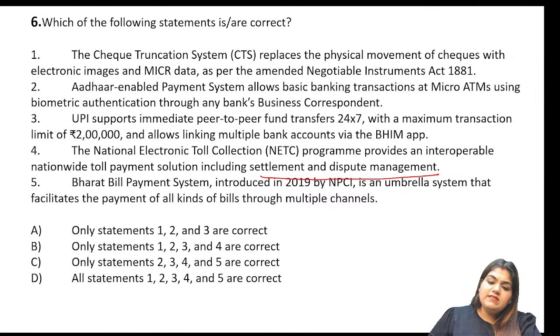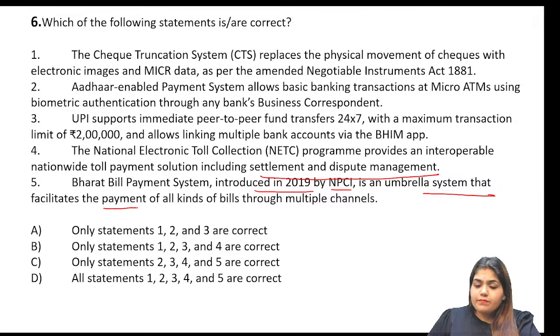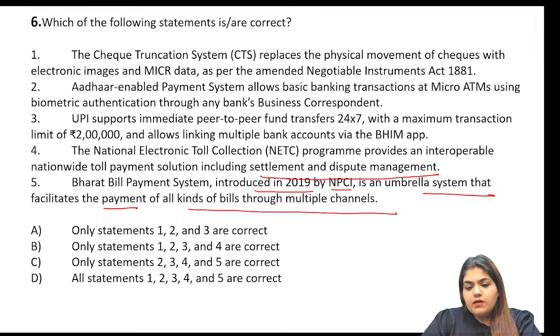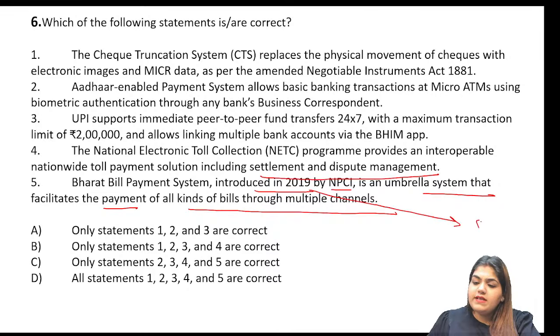Bharat Bill Payment System, introduced in 2019 by NPCI, is an umbrella system that facilitates payment of all kinds through multiple channels. First of all, this did not get introduced then. Yes, Bharat Bill Pay is this system, but it got introduced in 2017, not in 2019.